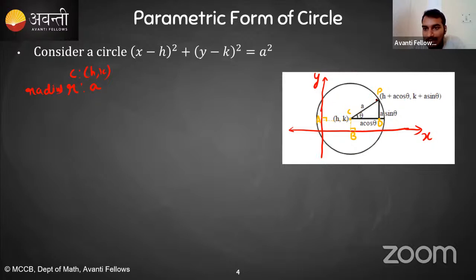Any point, let's say this point, for the time being, is P (x, y). We are going to prove that this point (x, y) can be written in terms of the center and radius.